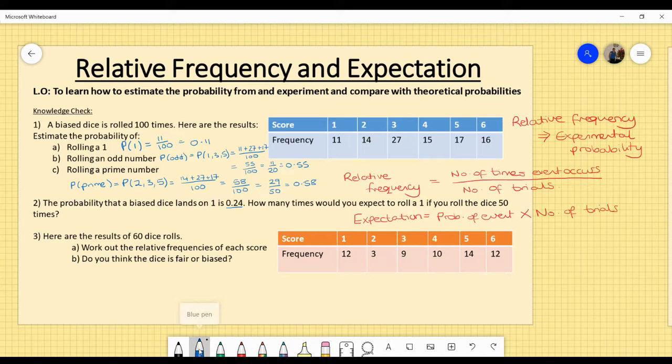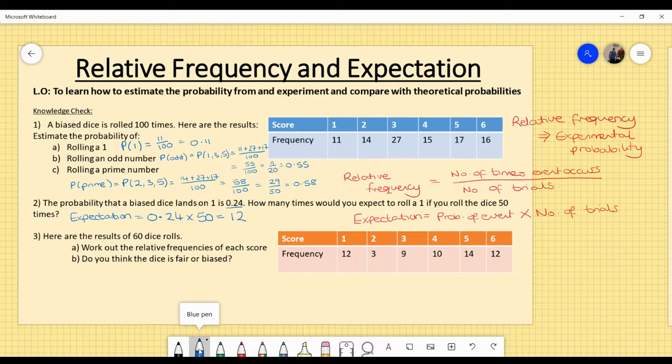Okay, and therefore our expectation on this one is going to be our probability, which was 0.24, multiplied by the number of trials, which was the 50 rolls, and therefore we expect to get a 1 12 times out of those 50 rolls.